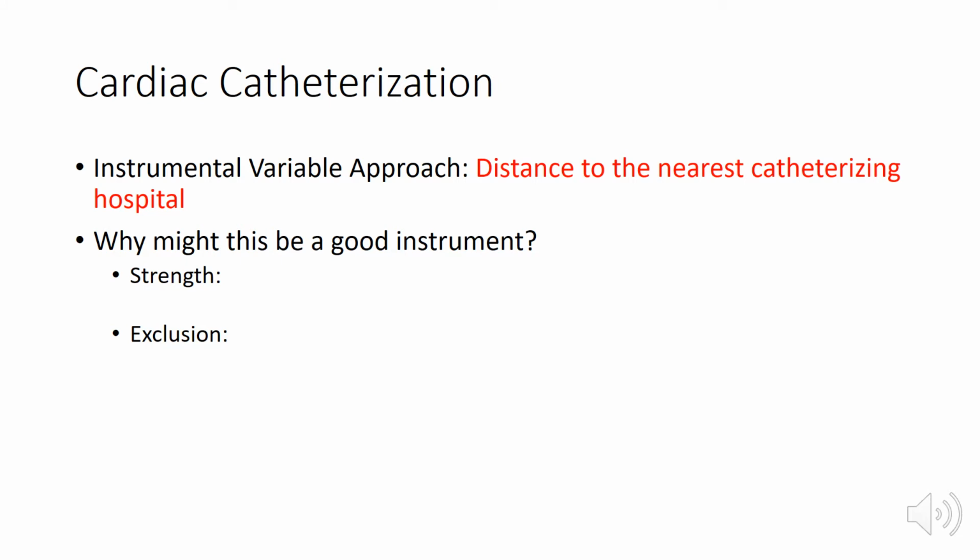So the one that this medical journal used is distance to the nearest hospital, which gives catheters. Not every hospital has the resources or the medical technicians or whoever to provide patients with a catheter.